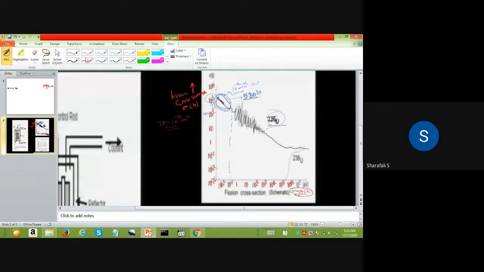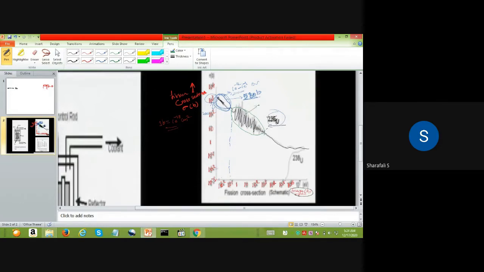Now consider the second regime where you have the resonance, which means there is a fluctuation. You can see this fluctuation here. In this fluctuation regime, the average behavior is still decreasing; the fission cross section is decreasing along with the neutron energy.